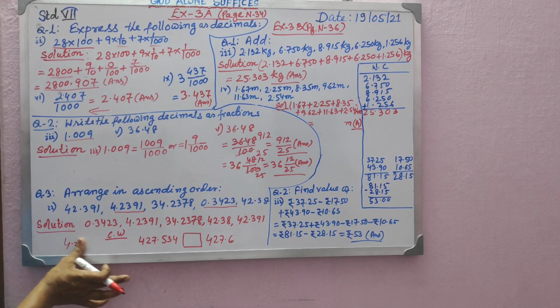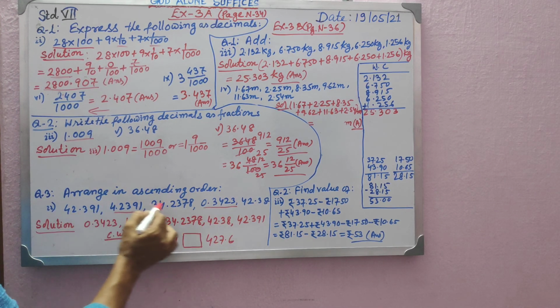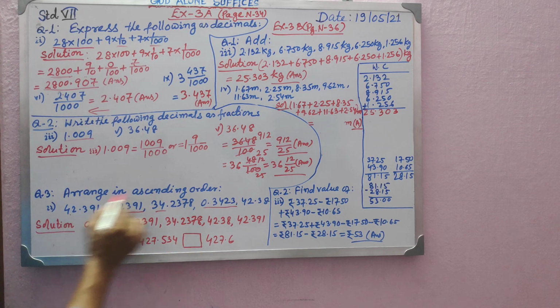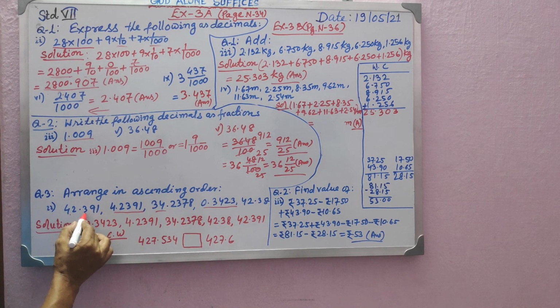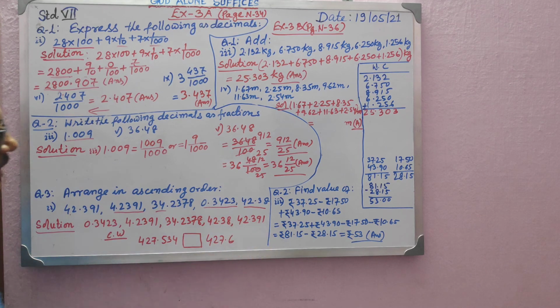I hope you have understood it. Now next, among these three, 34 is the whole number, so the 34th one. Now among 42 whole numbers, here 0.3, here 0.38, here 0.39, definitely this is smaller. So 0.38, then 0.39. I hope you have understood the ascending order.